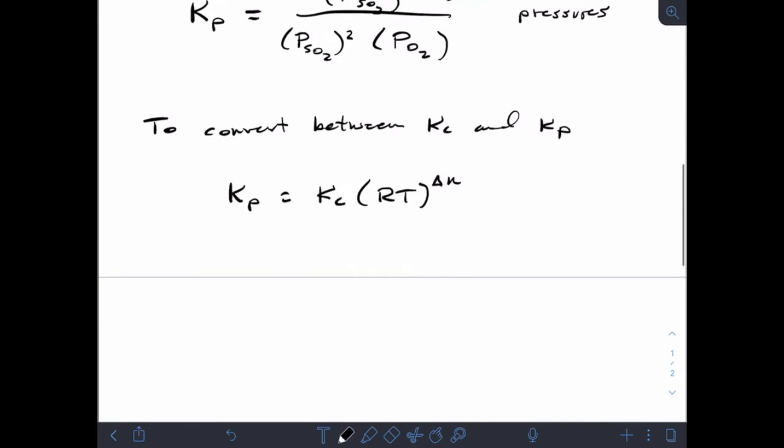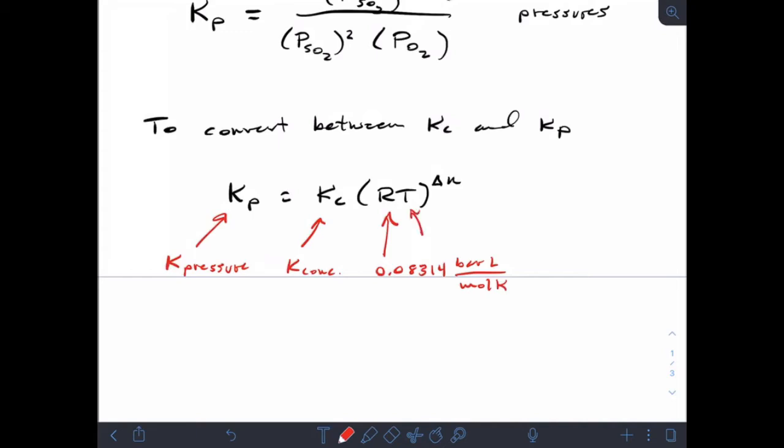Let's talk about what these individual components are. This is K for pressure, K for concentration. Our R value is related to bars by default: 8.314 bar liters per mole Kelvin. That means our temperature needs to be in kelvins.